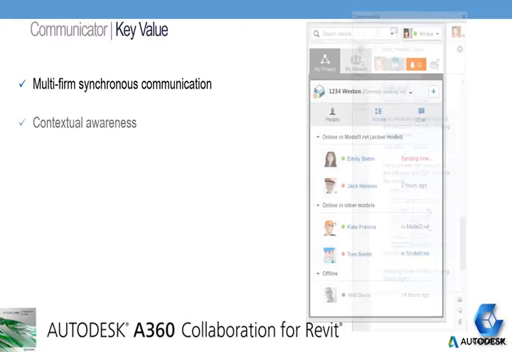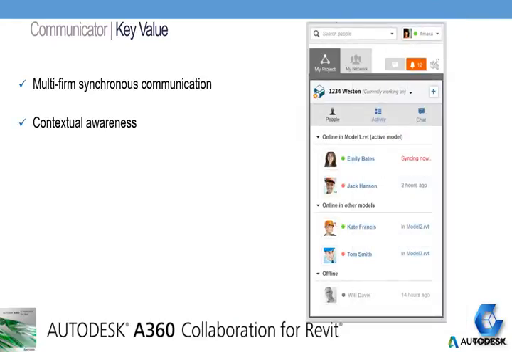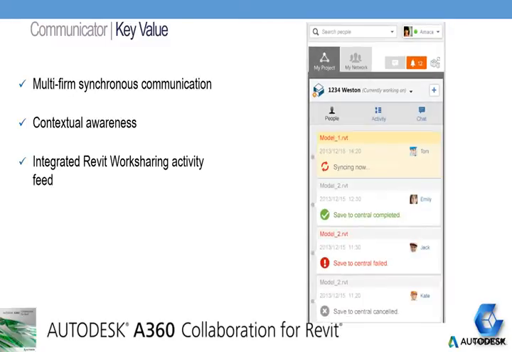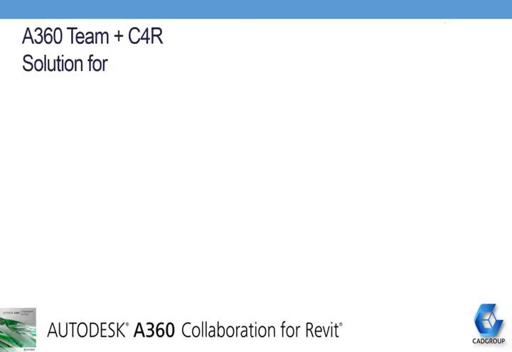The good thing is it also shows who is doing what in the model. Before that, we had the Revit worksharing monitor, which showed everyone's activity inside the model, and that has been integrated with this Communicator tool. So A360 Team and C4R are together.